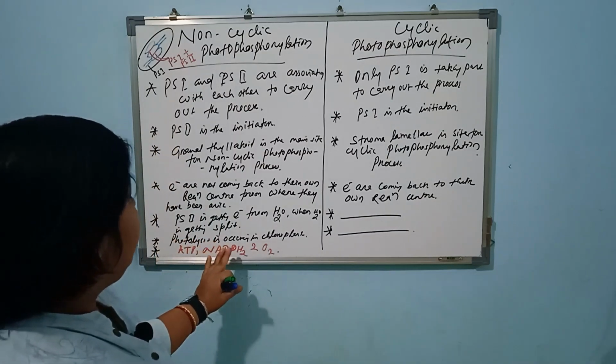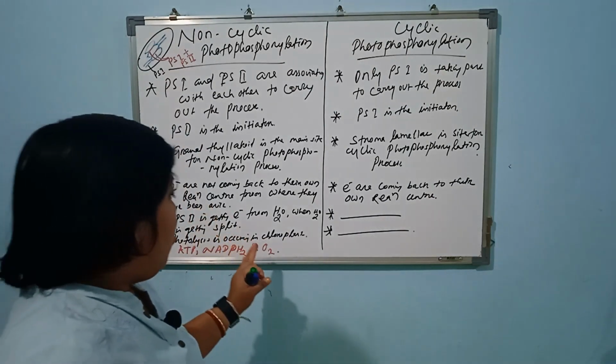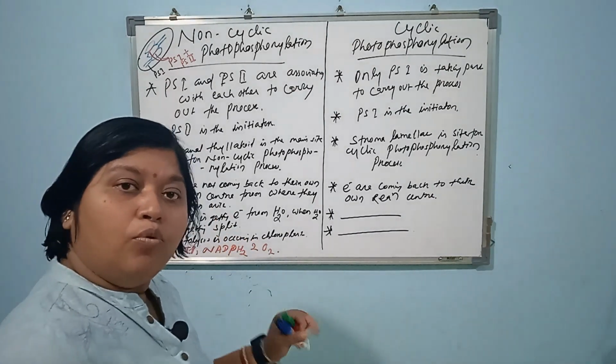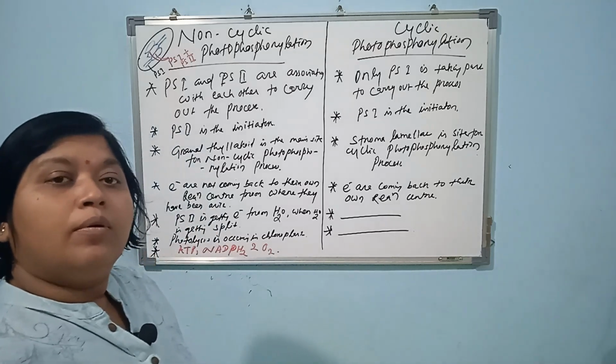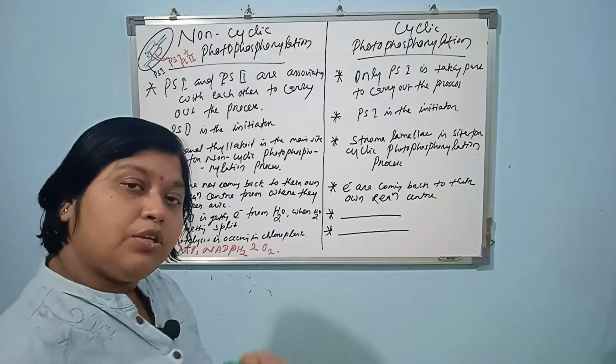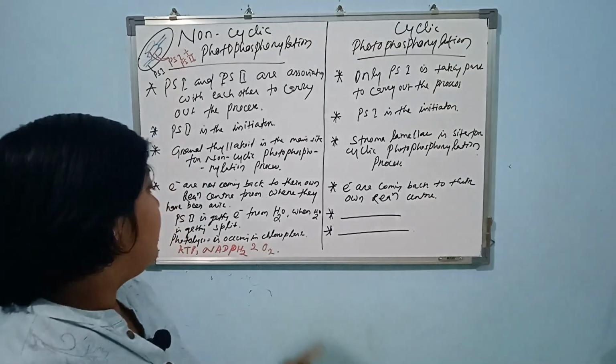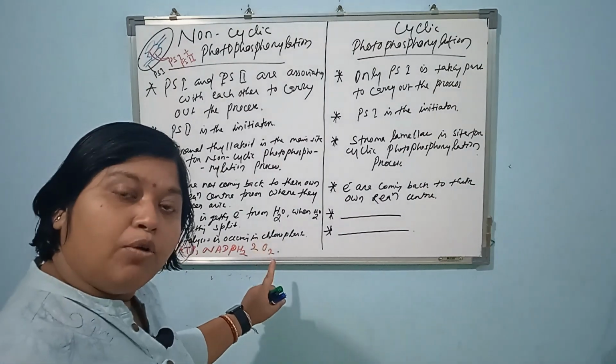ATP and NADPH2 are getting synthesized and oxygen is getting evolved from the water molecule by the photolysis process, or you can say in presence of solar light, when water is getting split, oxygen is getting evolved from water.